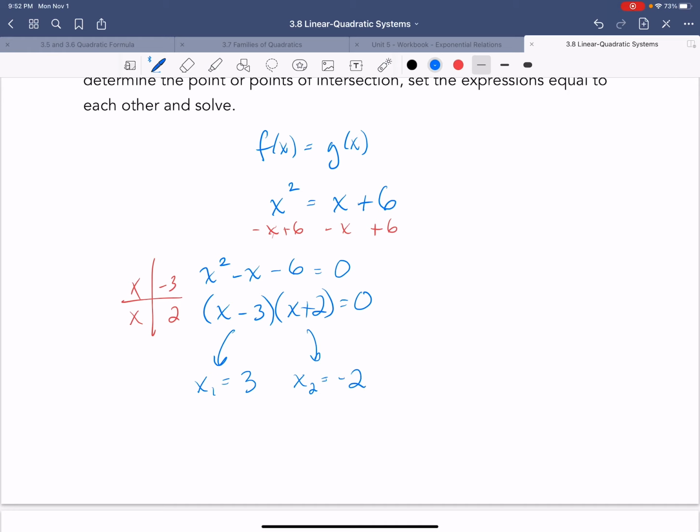It's just we don't know what the y value is. So you need to figure out what the y coordinate is by plugging it into either f of x or g of x.